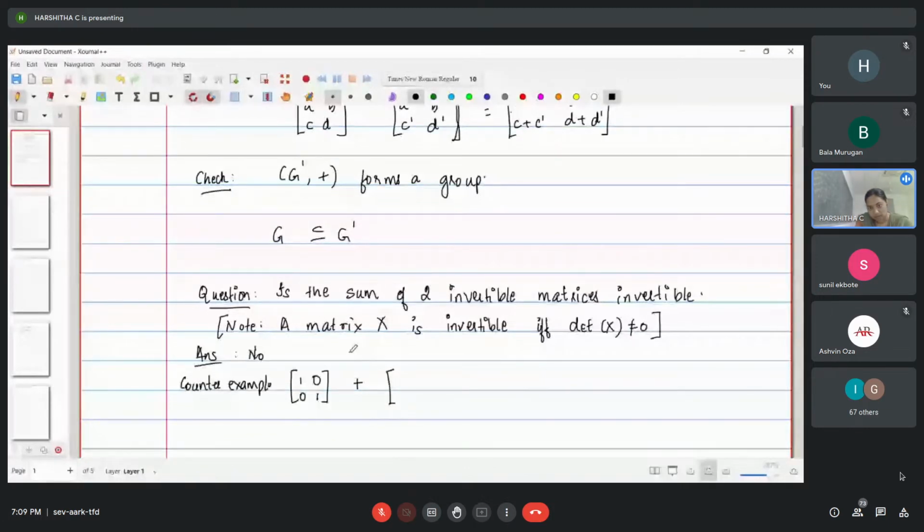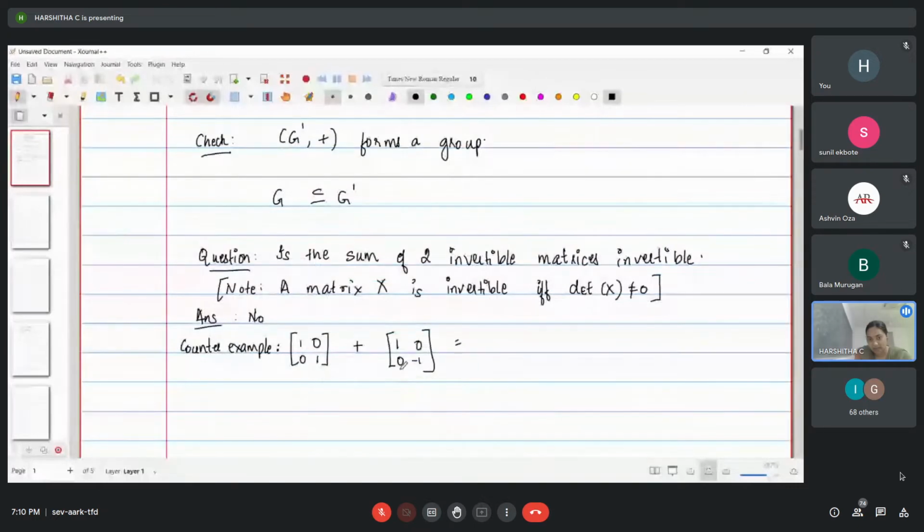If you look at this, the determinant of each is non-zero, so they are invertible, but when you take the sum, we get 2 0 0 0. This is not an invertible matrix. So the closure property itself is not satisfied.